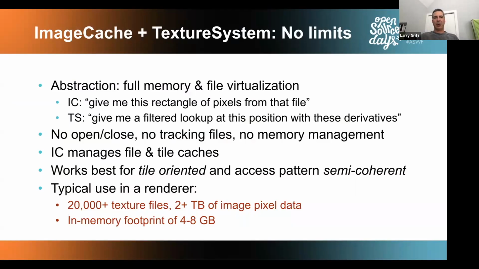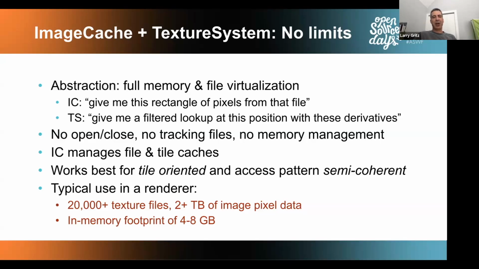And so the basic operations are just like, give me this set of pixels from this file, or I want a filtered texture lookup at these coordinates, with this set of derivatives. And you don't want to have to worry anything about where those pixels came from and how the resources are managed.